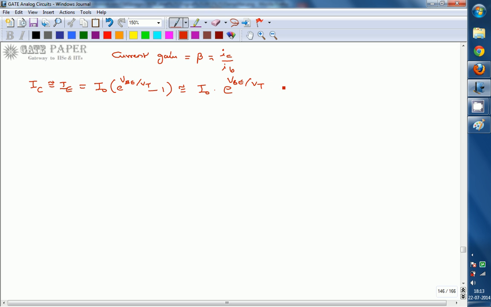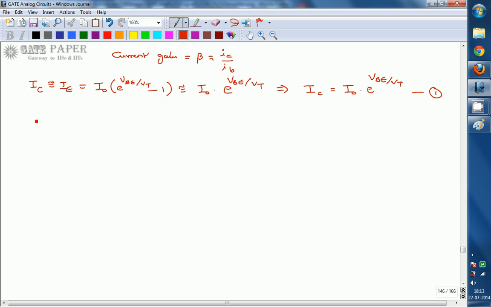So from this we can write IC is equal to I naught times e power VBE divided by VT. This is equation 1. So the DC collector current and the DC base to emitter voltage are related by this equation. From this equation you can also write it for the total instantaneous collector current.